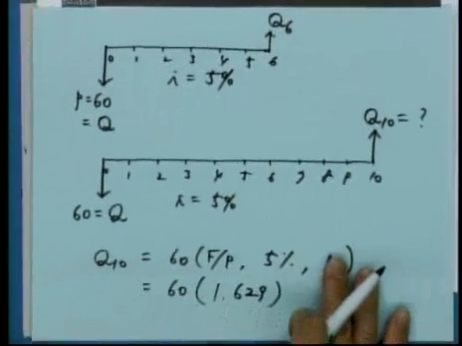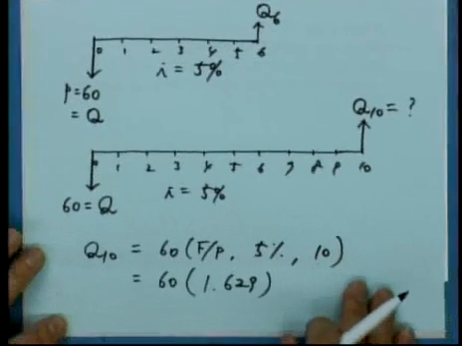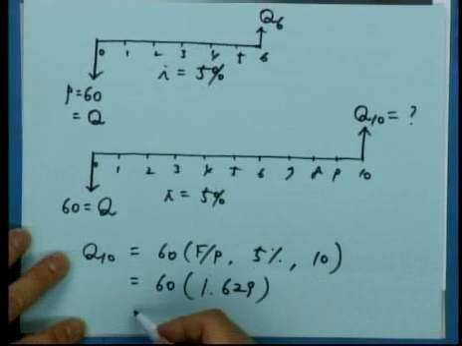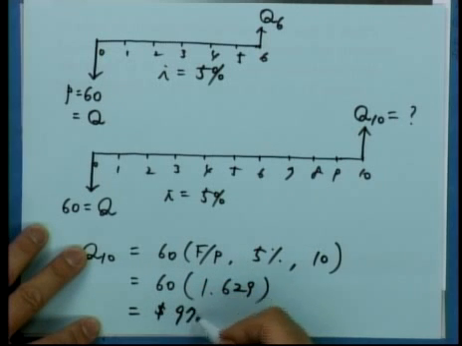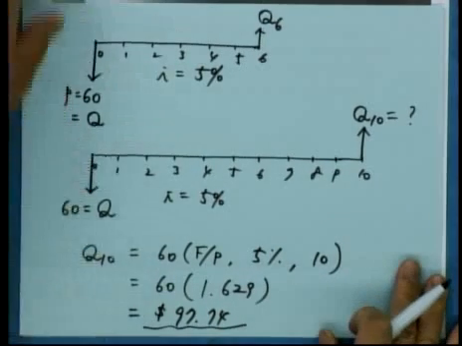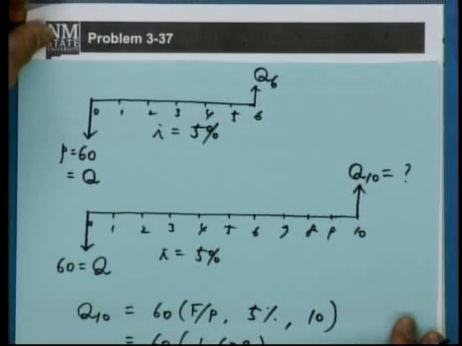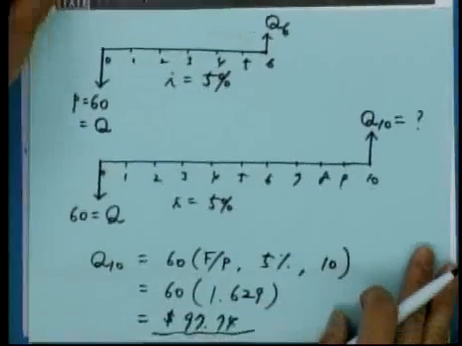Okay? So it's going to be $97.74. Okay? This is the problem number 3-37.